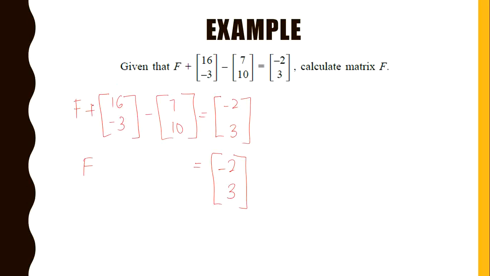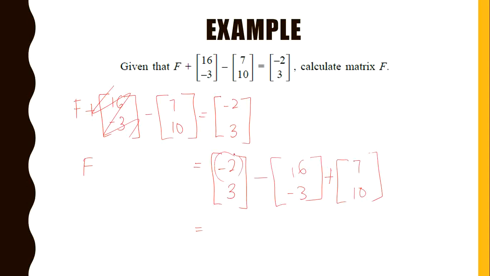16, negative 3. Dia adalah plus, so bawa ke sana akan jadi minus. Okay, so dah tak ada dah dia. Next, 7, 10. Dekat sini dia minus, so kita pindah ke sana will be plus. Lepas tu kita kira macam biasalah, ikut elemen dia, sebab dia order yang sama.